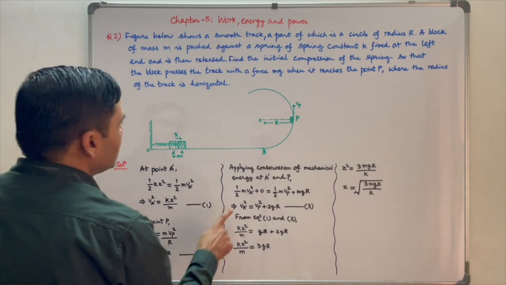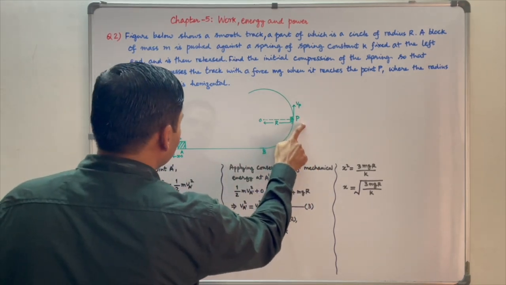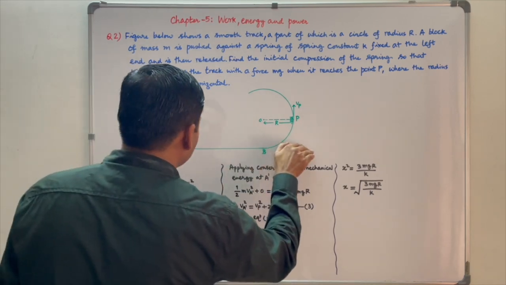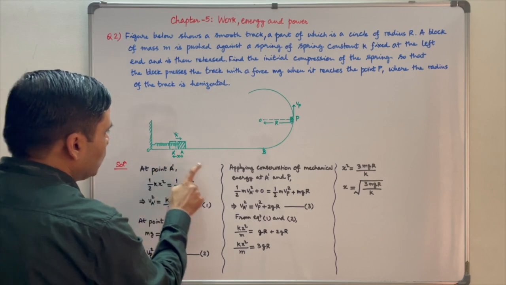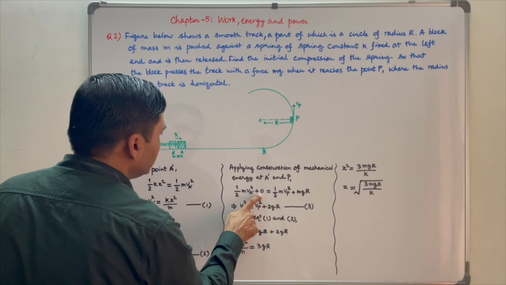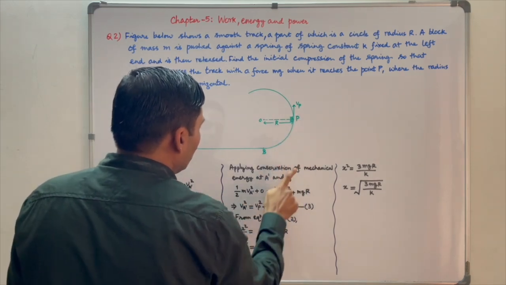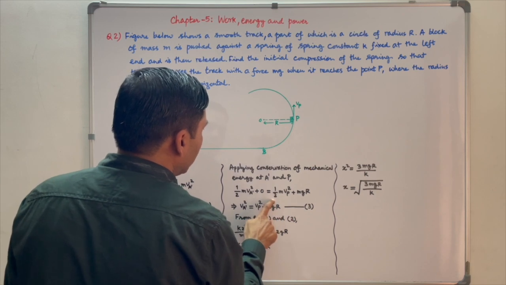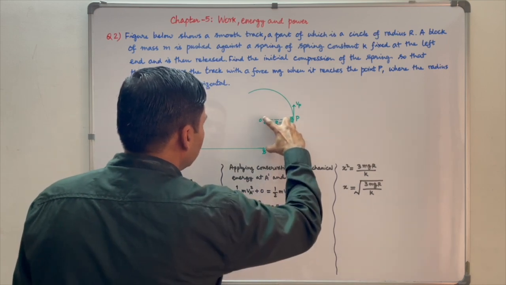We can apply conservation of mechanical energy at point A dash and P. Suppose this is reference line. So kinetic energy of the block at point A dash is equal to half m Va dash square and potential energy is 0. Kinetic energy of the block at point P is 1 by 2 m Vp square and potential energy of the block is mg into this height, and that is radius of the circular path.